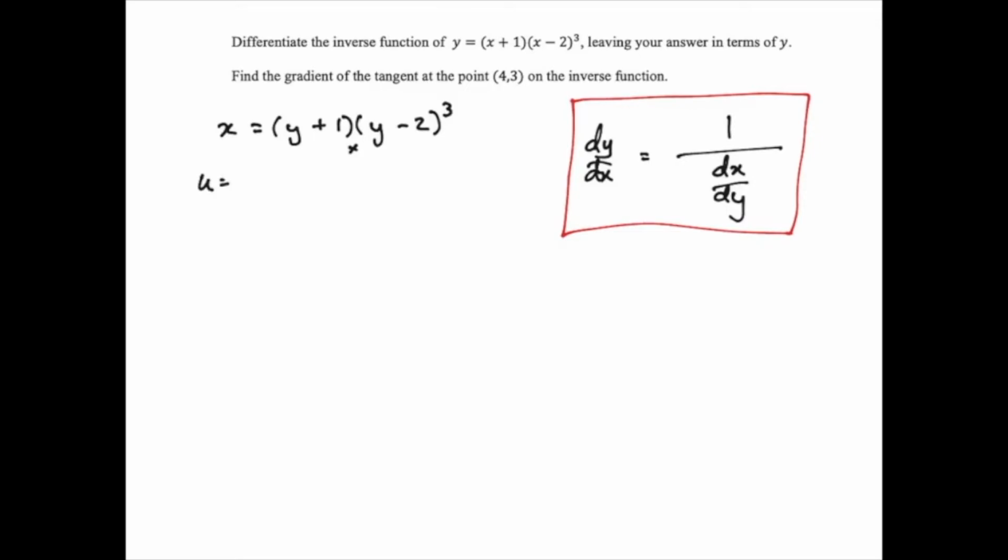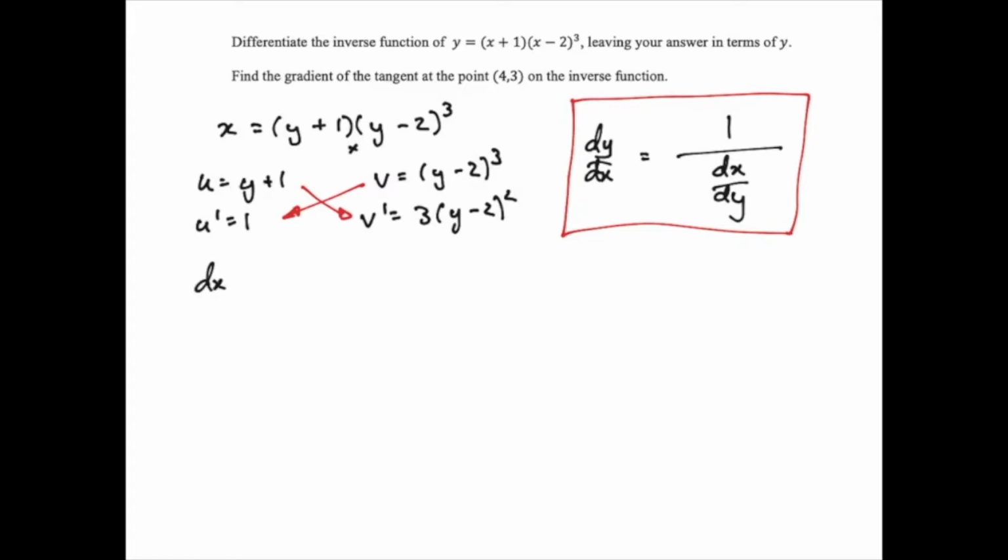So if u is y plus 1, u dash is 1, v is y minus 2 cubed, v dash is 3. This is a chain rule, so just be careful, but the derivative of y minus 2 is 1. So it's y minus 2 to the power of 2. And then it's u times v dash and v times u dash.